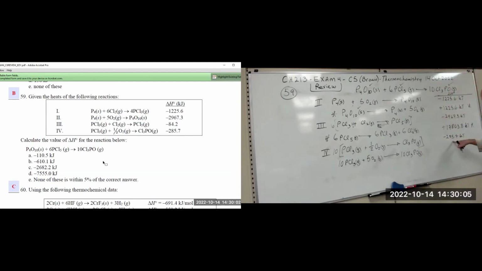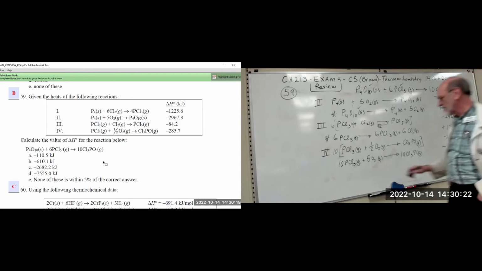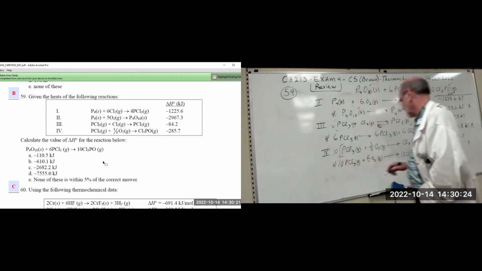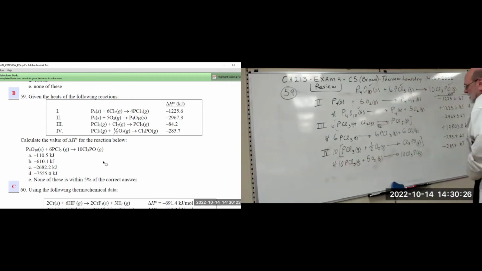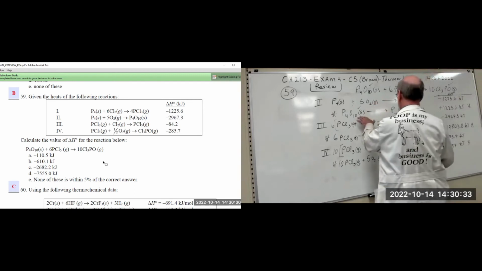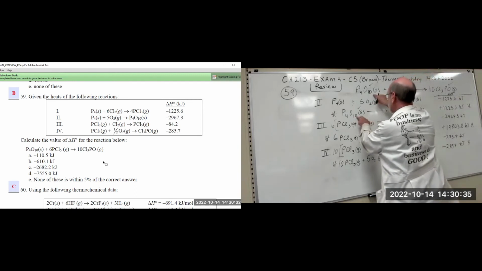What do we do with this value? Multiply it by 10. And we don't have to change the sign because we didn't flip the equation. So this one is 2857 kilojoules negative. So we're going to use that one and this one. Okay. Now, see what we've done. We got this one here.